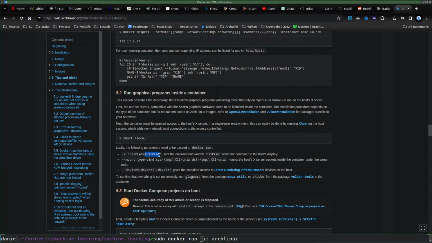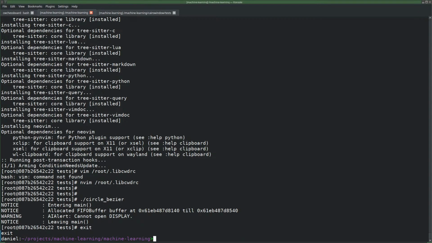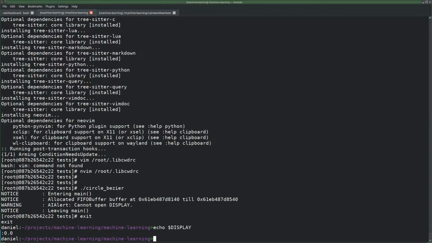I don't think I have display set at all. What do I have? Oh, I have it set.